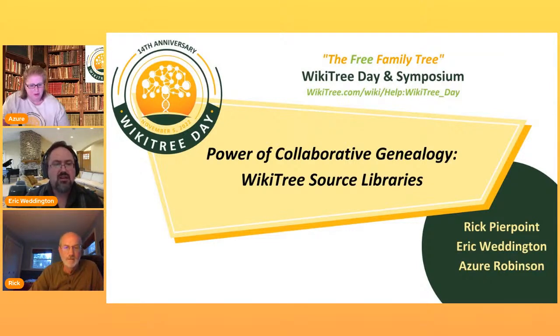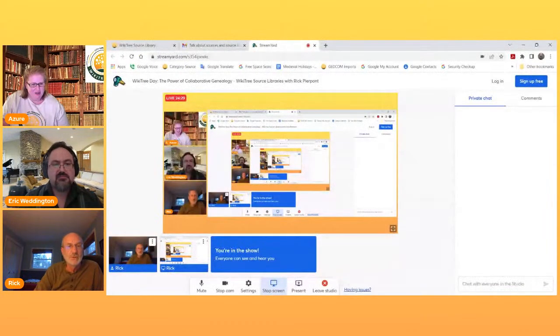How many books do you have now in the library? There are 6,400 books in the library, 6,400 pages. They are mostly, as I've been showing you so far, strictly one book per page.